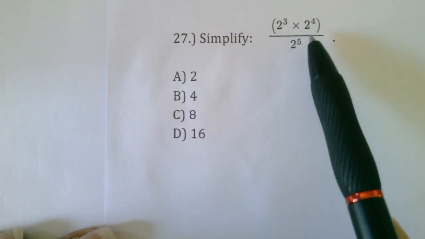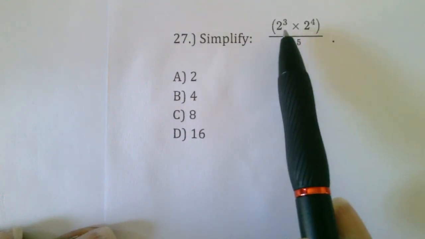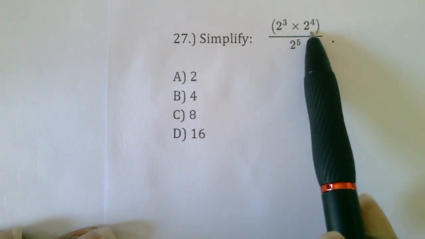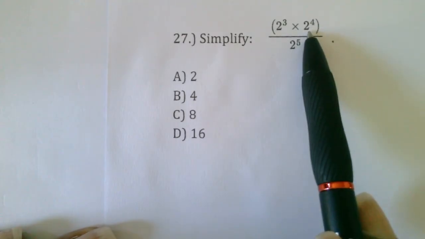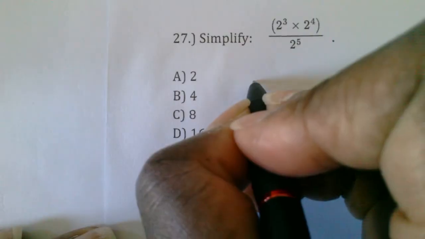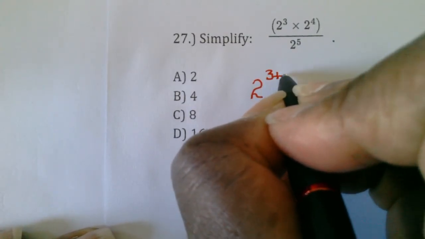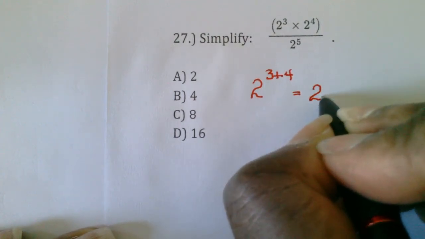They all have the same base. So what I could do is take this 2 to the 3rd power times 2 to the 4th power. Let me work on that numerator. When you're multiplying and they have the same base, which is the 2's, we add the exponents. So you're actually going to have 2 raised to the 3 plus 4. Well, we know that 3 plus 4 gives me 7.